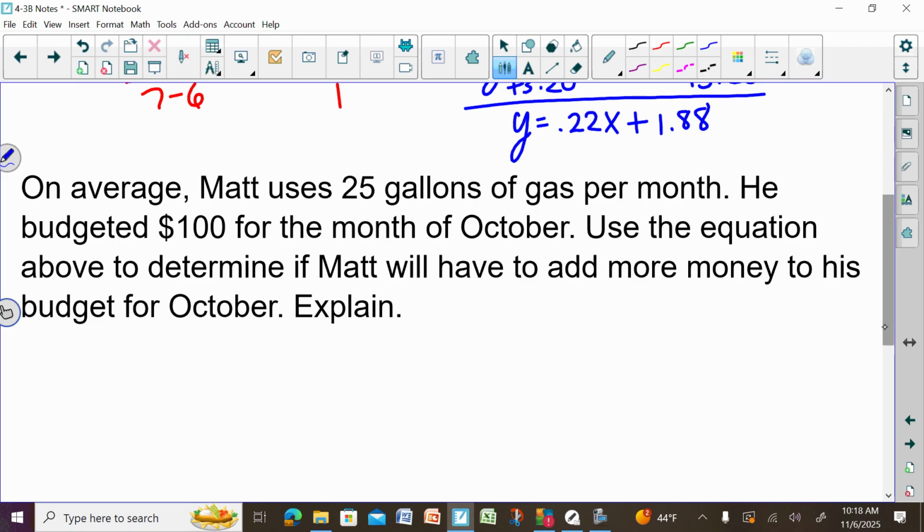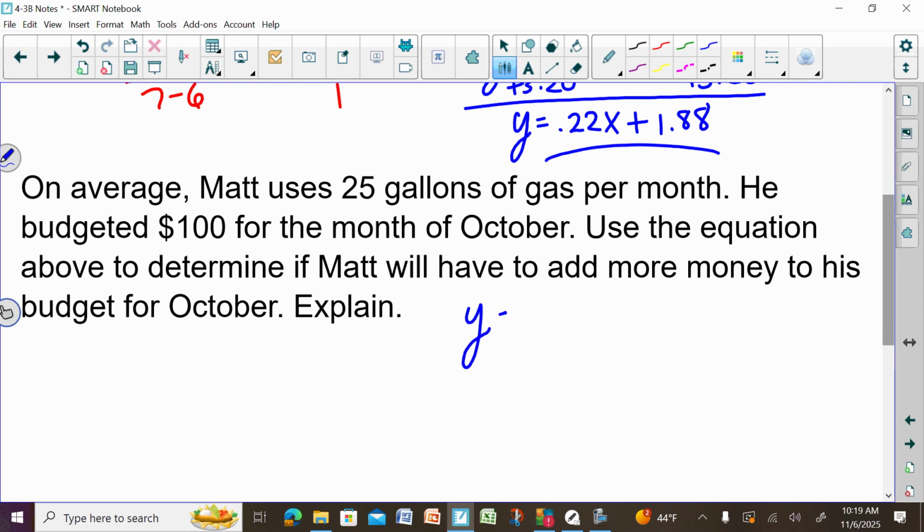So now it tells us on average, Matt uses 25 gallons of gas per month. He budgeted $100 for the month of October. Use the equation above to determine if Matt will have to add more money to his budget for October. Well, if he uses 25 gallons per month, so for the month of October, let's figure out how much it's going to cost for that month.